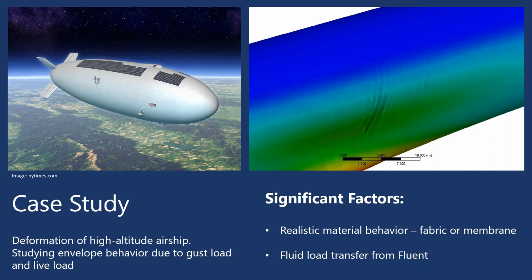And then the other case study that I wanted to talk about really quickly involves another customer that's designing essentially a dirigible. It's a large airship that needs to be able to withstand certain wind loads or gusts without exhibiting certain deformations within the outer envelope or the outer enclosure of that ship. What we were able to do is leverage explicit dynamics to simulate how that material would behave.